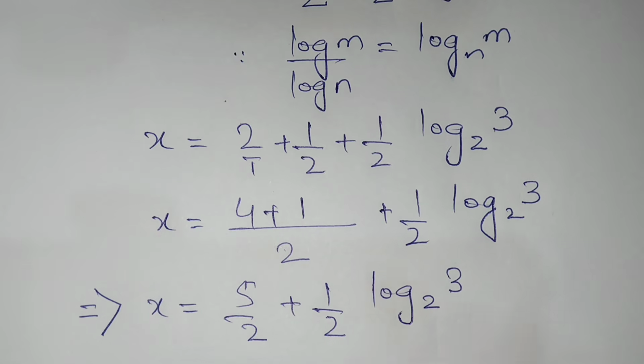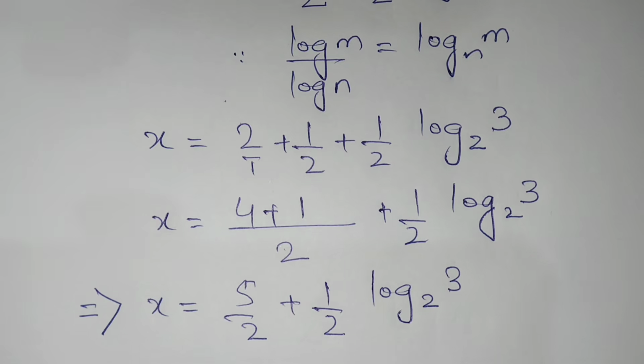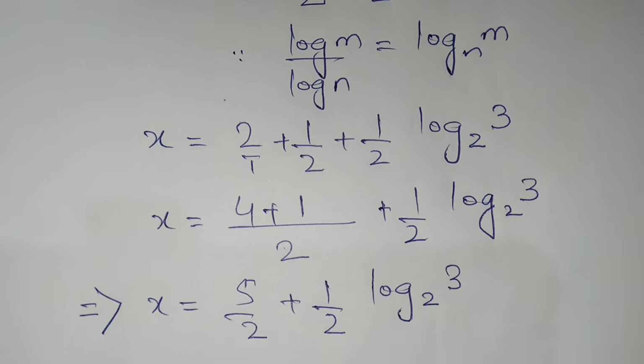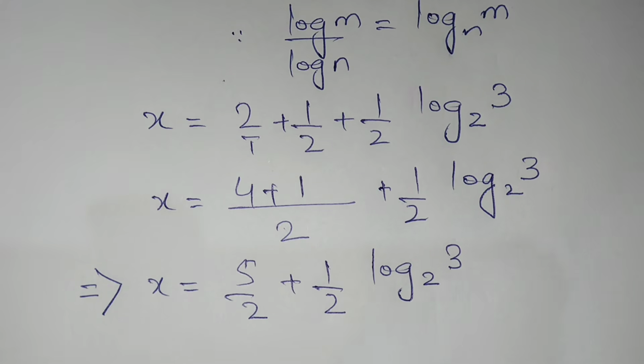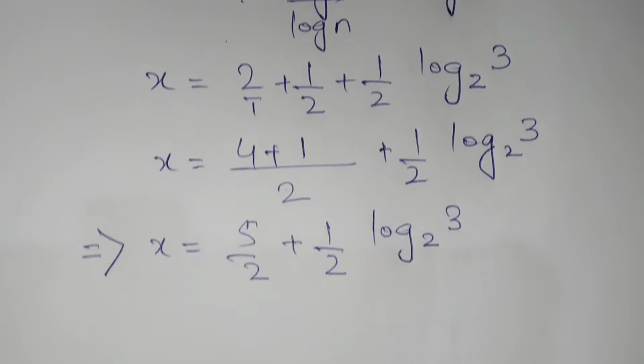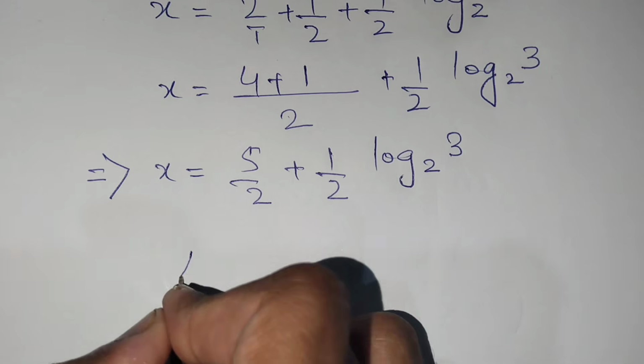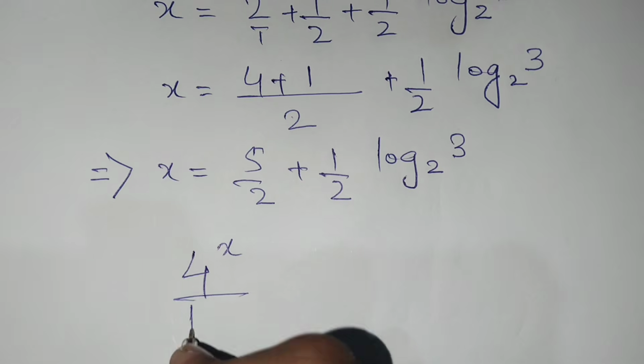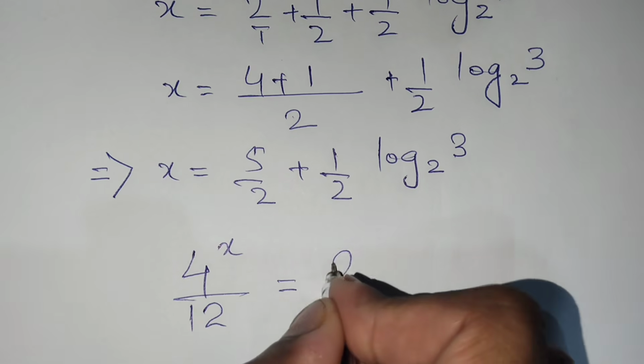Now we will check this value of x whether it is correct or not. We will put this value of x back in the equation. We have 4 power x over 12 is equal to 8.